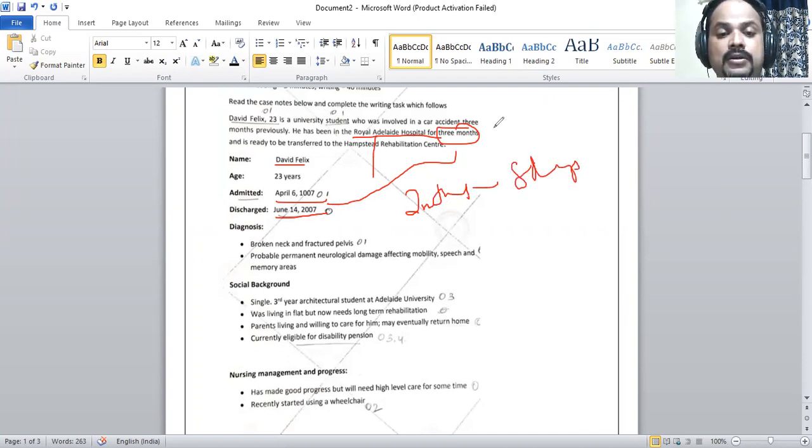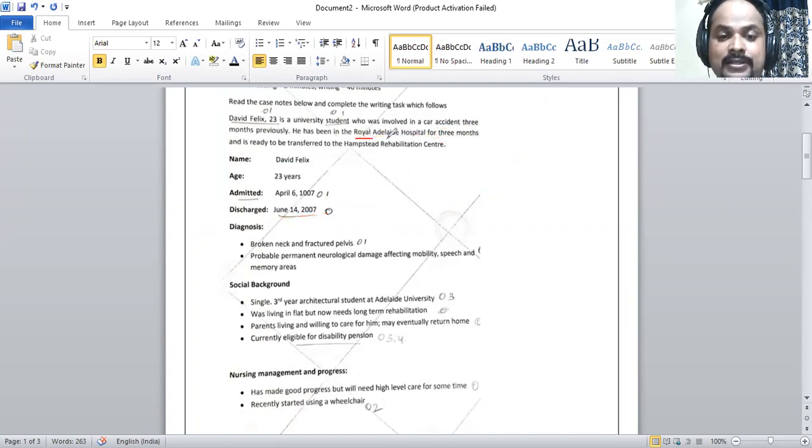It is not 3 months here. So this is not the place you are writing the letter from. This might be the place where he was admitted after the car accident, because he met with the car accident 3 months ago, and he might have been in care in Royal Adelaide Hospital for the 3 months.